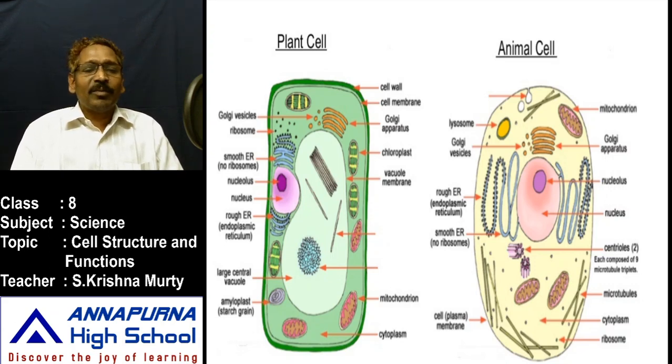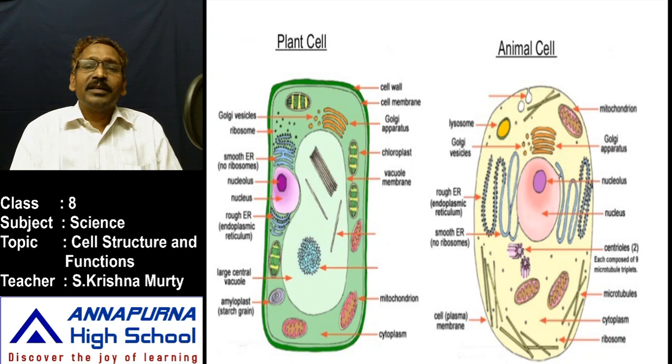So let us discuss the functions of the cell wall. Where is the cell wall? The cell wall is present in the plant cell. It is the outer covering of the cell. When we observe the cell wall, it contains cellulose. What is it? Cellulose.